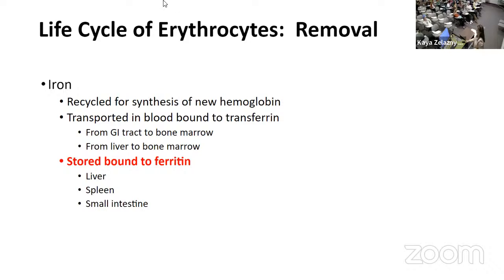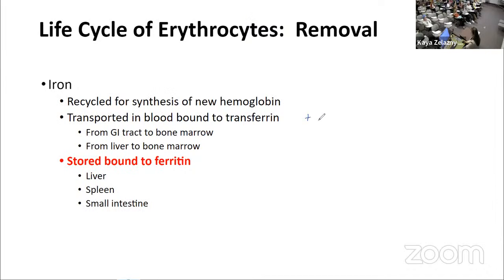Okay. So we're going to see iron moving around in the blood bound to a molecule called transferrin. So in the figure, I think that's going to be labeled T iron in a fair number of places. All that means is iron bound to transferrin. Transferrin is just transferring the iron, okay? And actually, it tells you in the name as well. Ferrin, that fer root, it refers to iron.